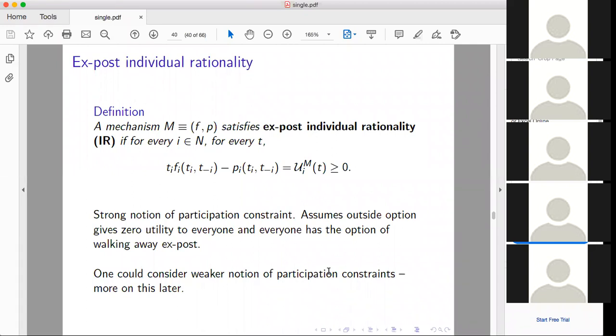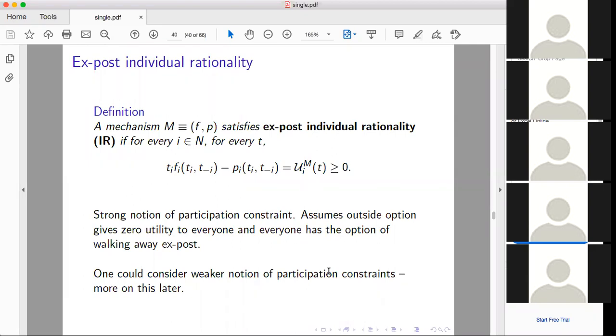So here we are assuming that when he reports truthfully, he gets a non-negative utility, but by participating, he can report anything, not necessarily truthfully. Yeah, that's an important point. The participation constraint is always taken with the incentive constraint.